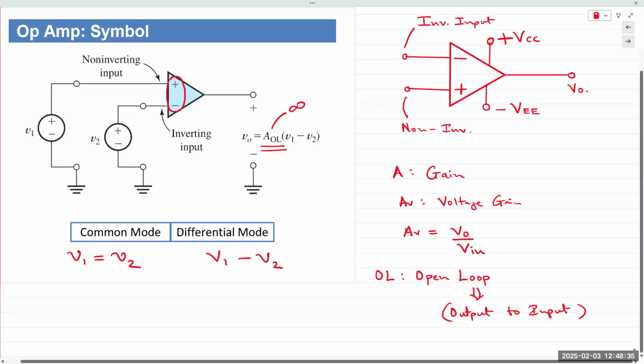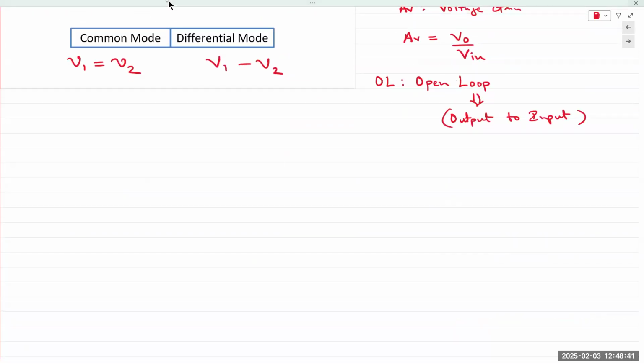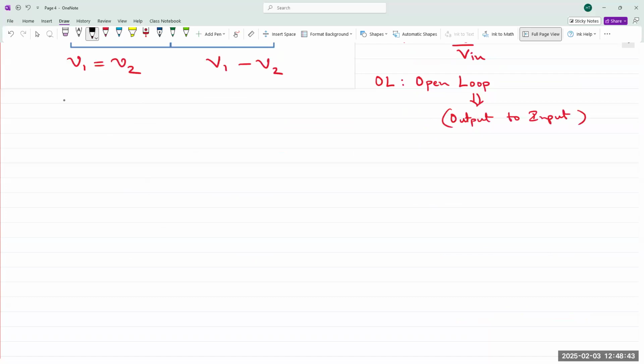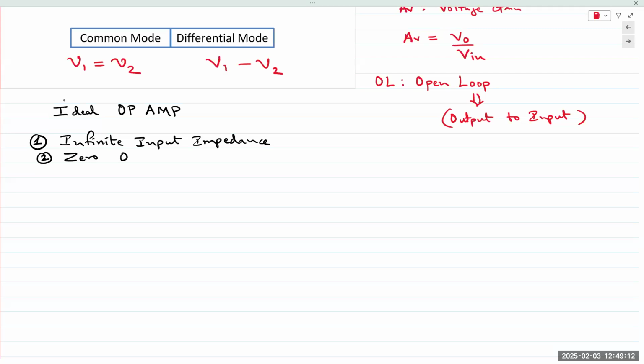So here are the properties of an ideal op-amp. An ideal op-amp will have infinite input impedance. Will have zero output impedance.